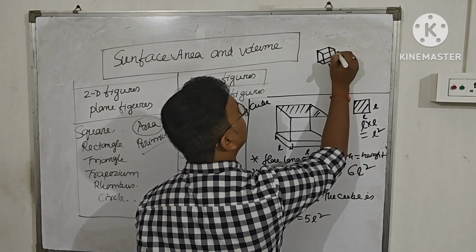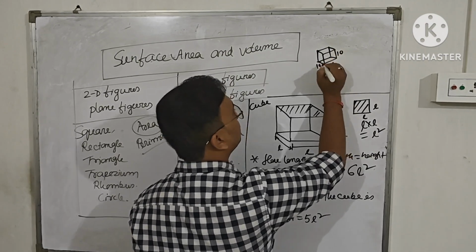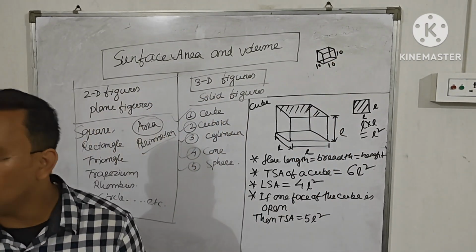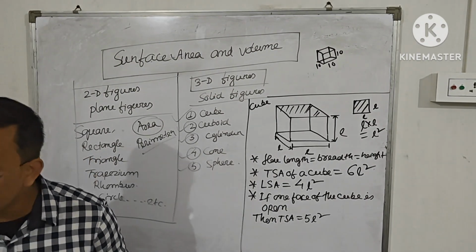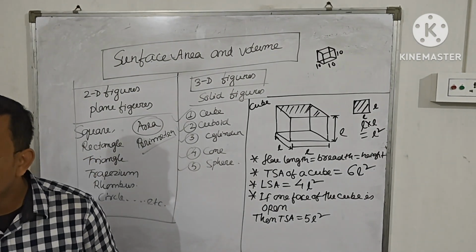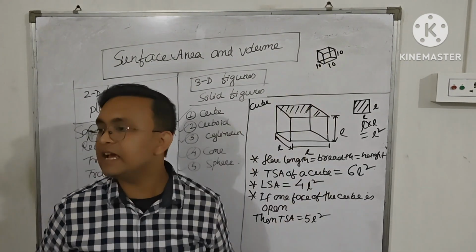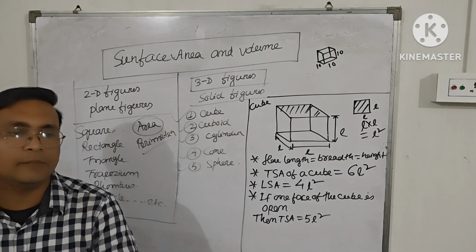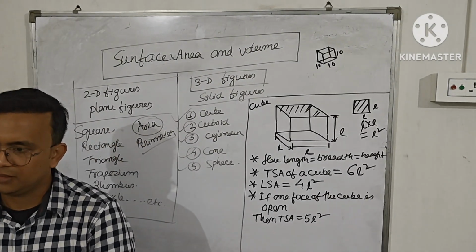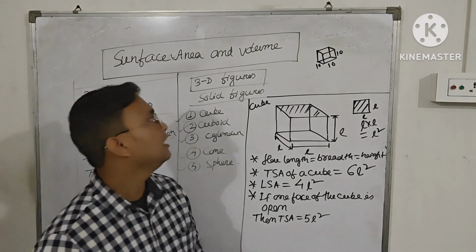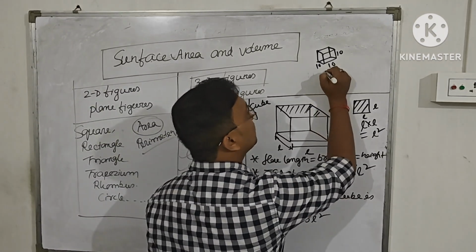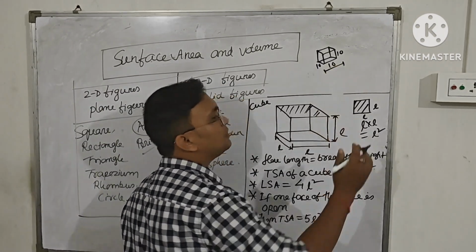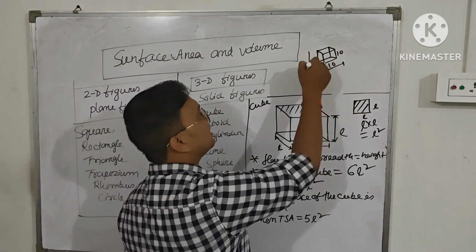And one important thing, see, suppose this is a cubical room of length 10 meter, 10 meter length, 10 meter height, 10 meter breadth. If I ask you what is the maximum length of a rod which can be inserted inside this room, what will be your answer? Diagonal, exactly. Because someone can say, sir, this is 10 meter. Someone can say this is 10 meter.